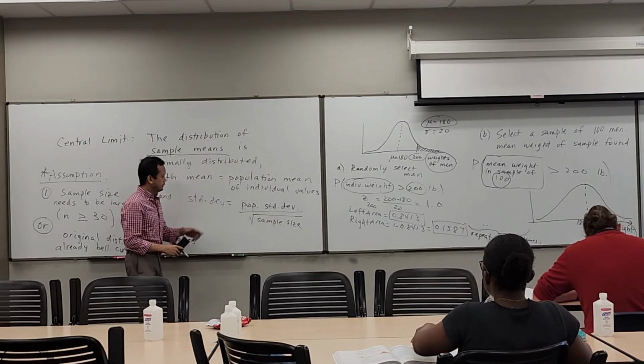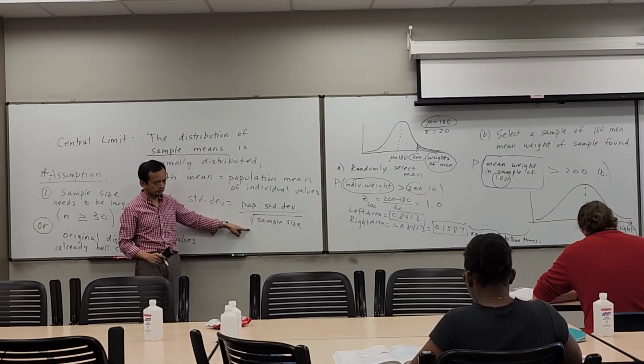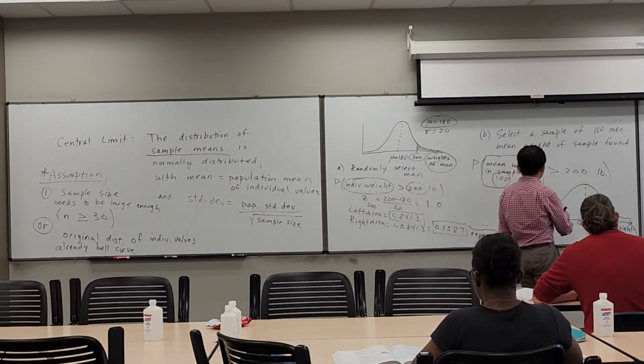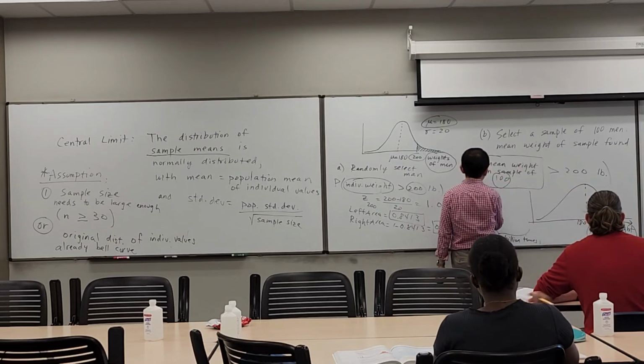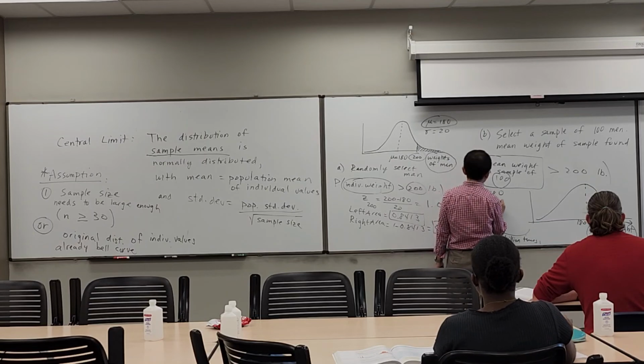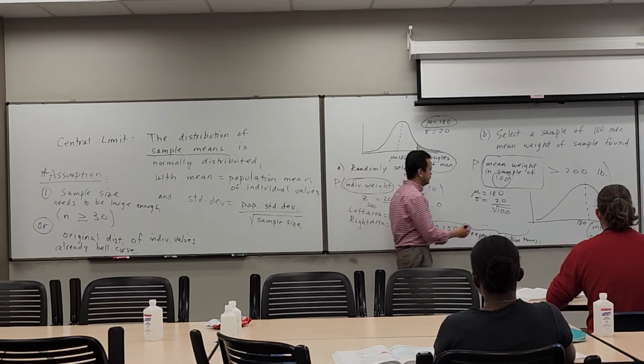And the standard deviation of the new bell curve is the original population standard deviation, divided by the square root of the sample size. So the standard deviation will be 20 divided by the square root of 100, so 20 divided by 10, which is 2.